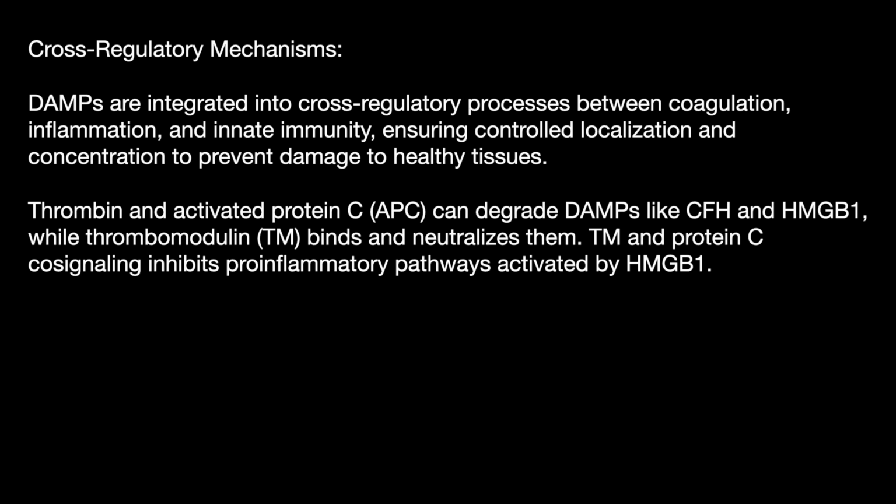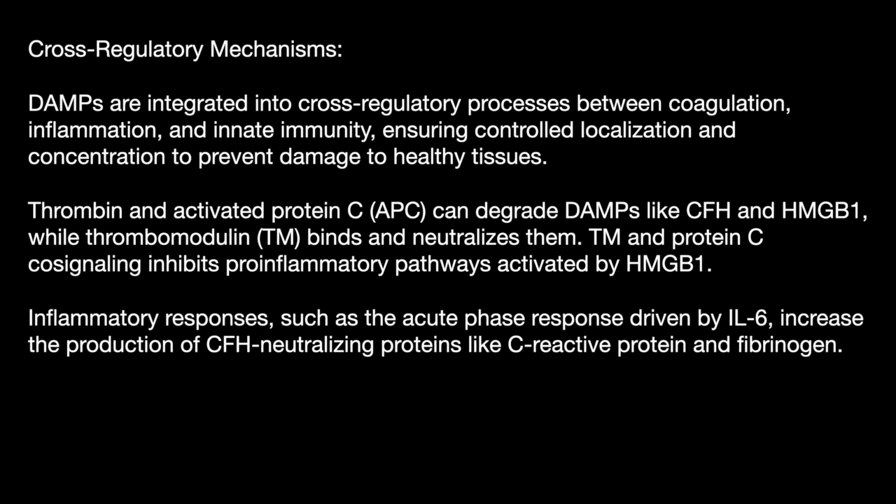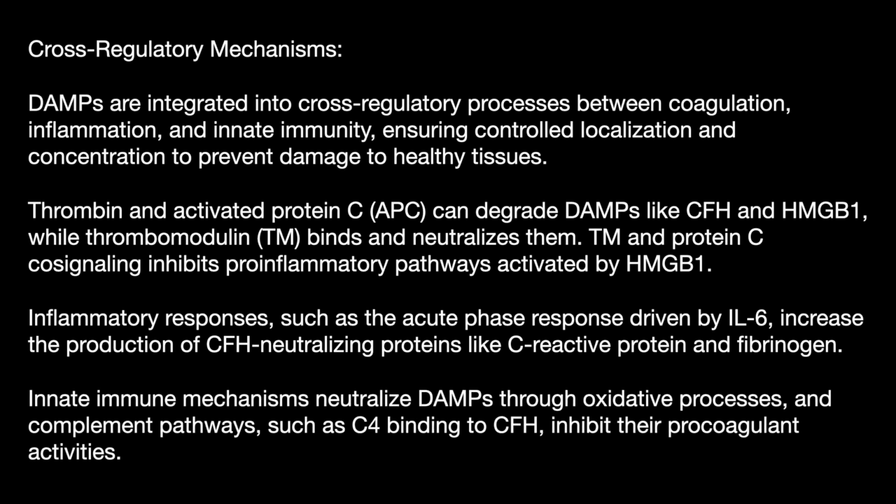So the TM and protein C co-signaling inhibits the pro-inflammatory pathways activated by HMGB1. Inflammatory responses such as the acute phase response driven by interleukin 6 increase the production of cfH neutralizing proteins like C-reactive protein and fibrinogen. Innate immunity mechanisms neutralize the damage through oxidative processes and complement pathways such as C4 binding to the cfH, inhibiting its procoagulant activity.